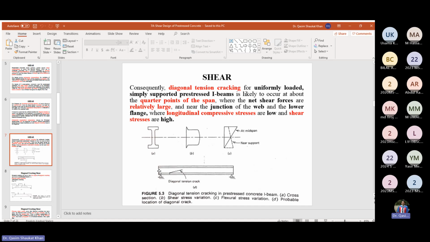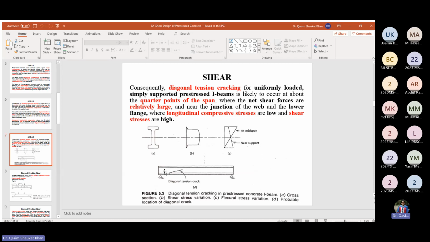However, if we have a constant tendon eccentricity, the prestress value remains the same throughout the span. So at this point near the support, the compression due to prestressing is very high. Self weight, superimposed dead load and service loads will produce the sagging moment, which will produce tensile stresses at the bottom.